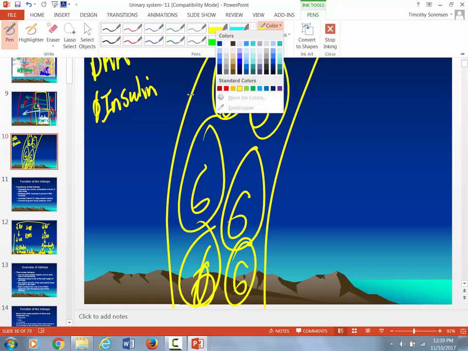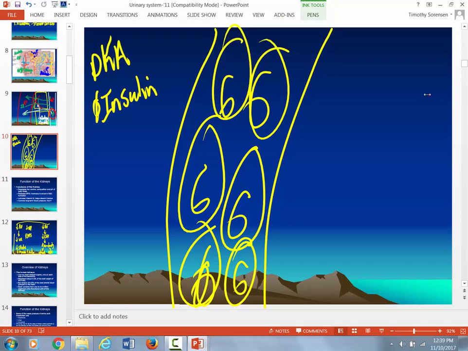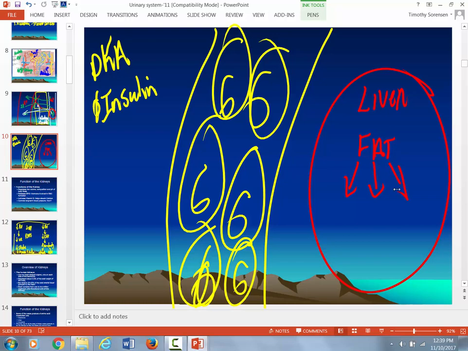What's the only fuel your brain can use? If you can't get glucose from the blood into the liver cell, what does the liver cell think is going on? You're starving, right? So the liver will take fat and convert it into beta-hydroxybutyric acid, acetoacetic acid, and acetone.